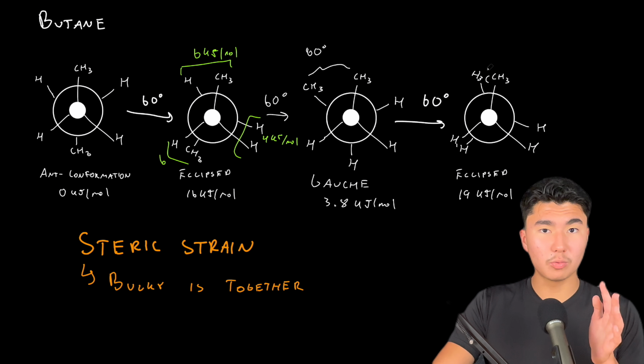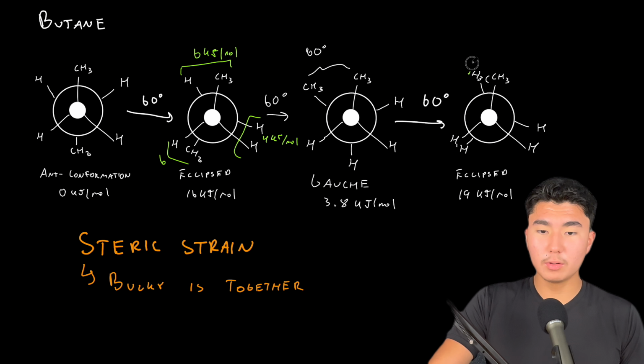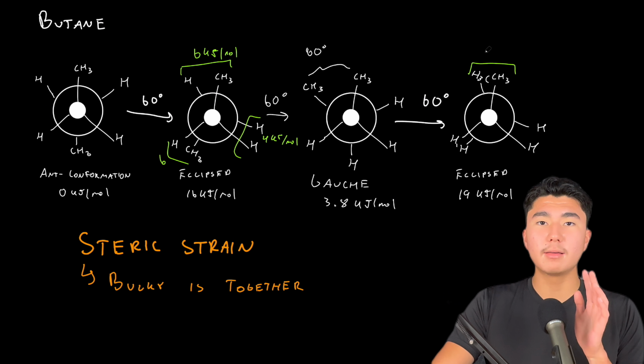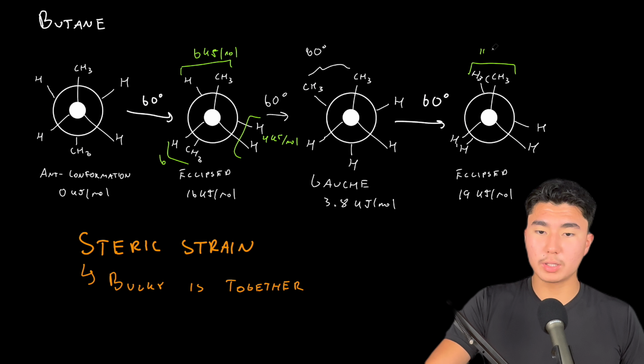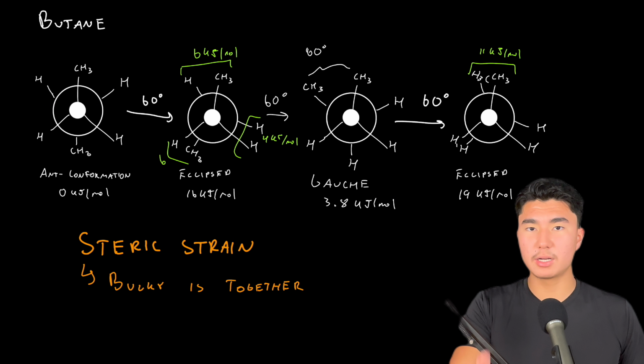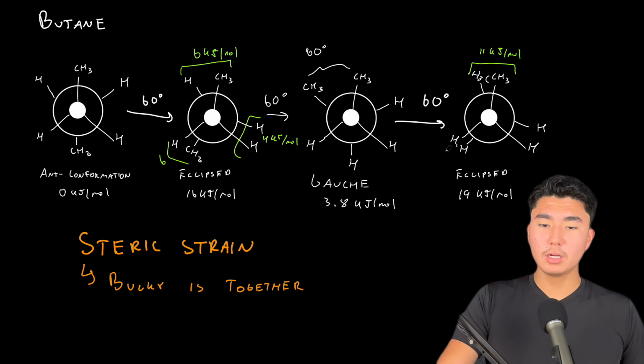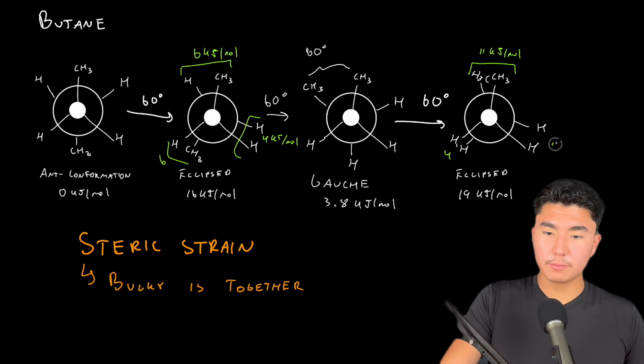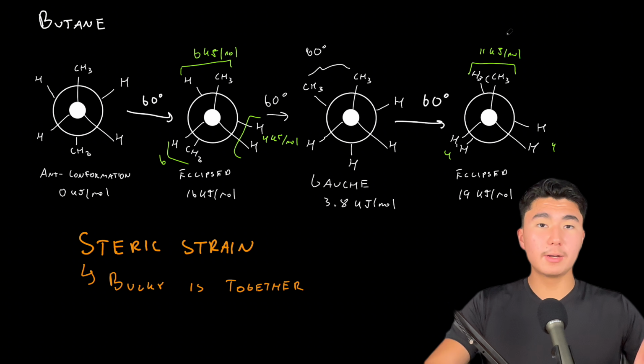Over here, it's actually the worst because we have 2 of those methyls together, and this is going to result in a torsional strain of 11 kilojoules per mole. There's also some steric strain in there as well. And over here, this is going to be 4, so 8 plus 11, 19.